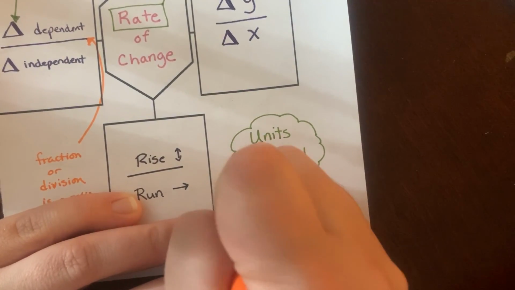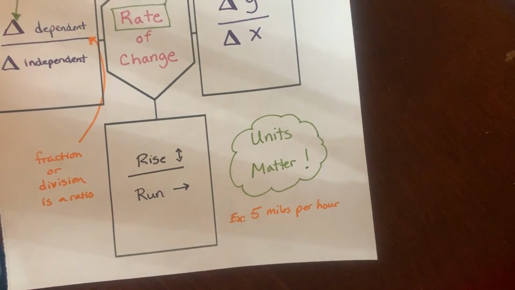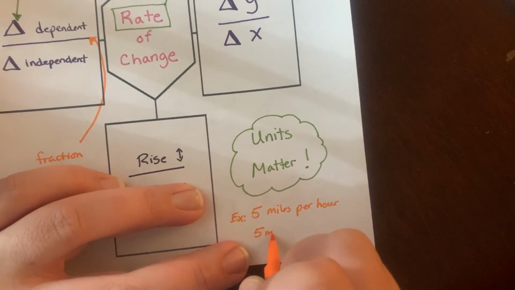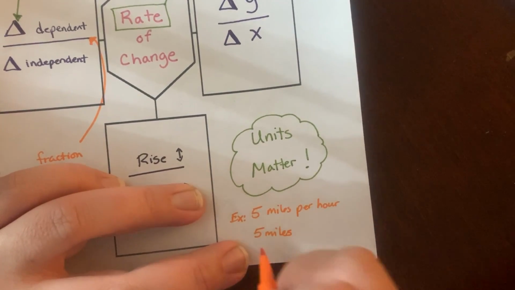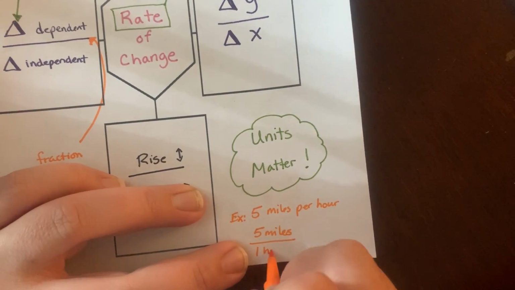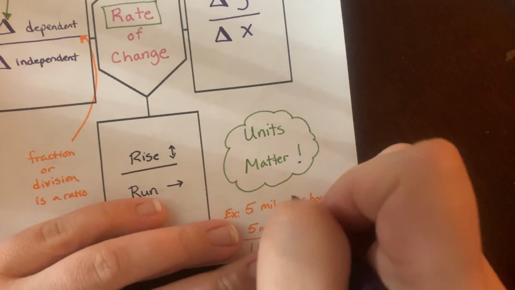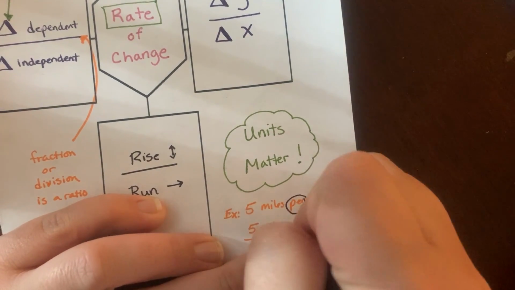That's an example. So our miles and our hours are our unit. It would mean a ratio of 5 miles for 1 hour. Anytime I see the word per, that tells me it's for 1. I'll make a note of that here too.